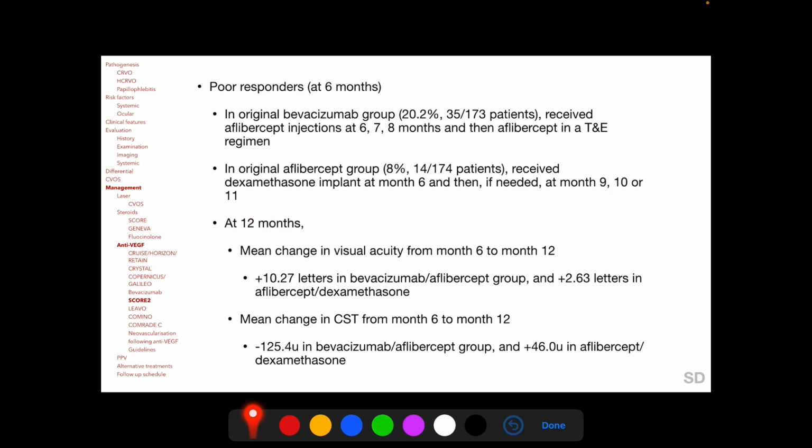At 12 months, the study concluded that among the poor responders, the mean change in visual acuity from month 6 to month 12 were significantly higher in those who were shifted from bevacizumab in the first 6 months to aflibercept in the second 6 months as compared to those who were shifted from aflibercept in the initial 6 months to dexamethasone in the next 6 months.